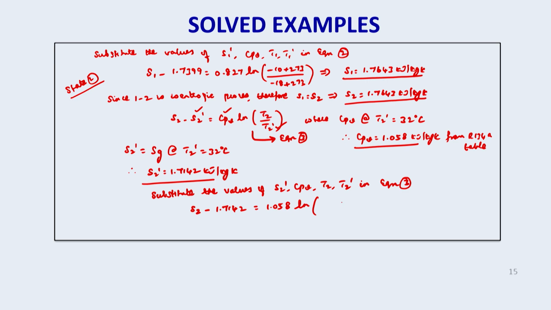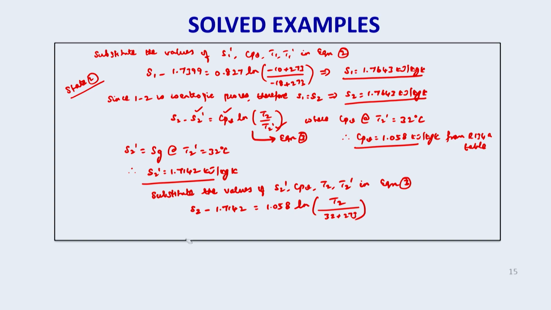T2 is unknown, and T2 dash is 32, that is 32 plus 273.